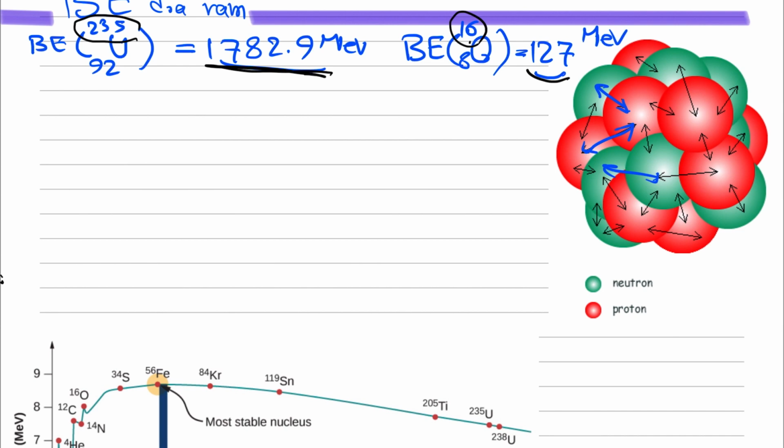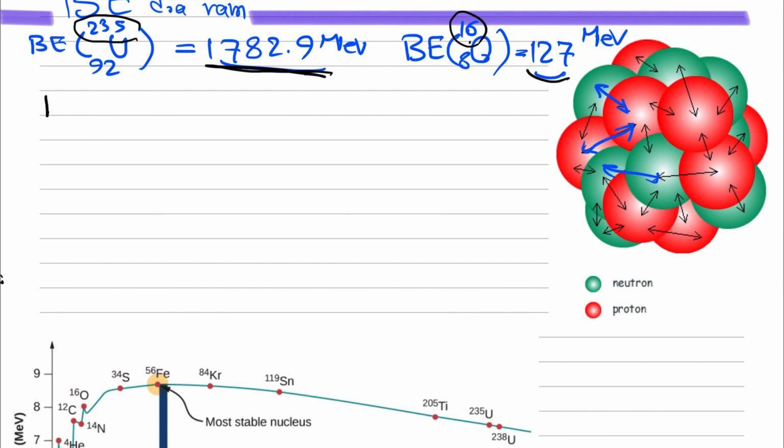In order to be able to compare these two nuclei, we need to calculate and estimate the binding energy required to break apart one single bond inside the nucleus.